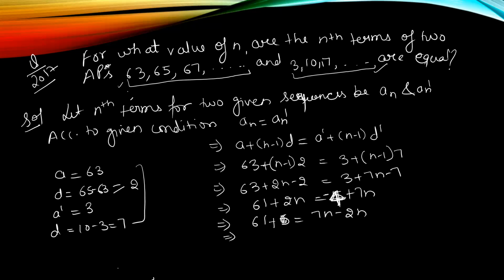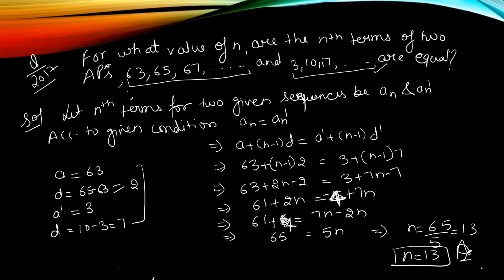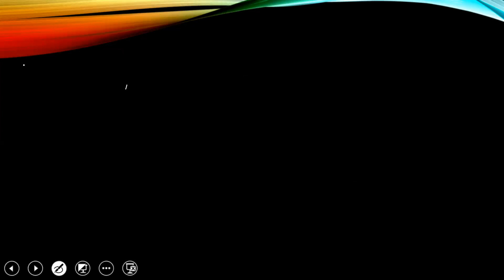This is minus 4, so this is also plus 4. So 61 plus 4 is equal to 65, and this is going to be 5n. So here your n is going to be 65 by 5, which is equal to 13. So the value of n is 13. So this is the required solution. I hope the problem is clear. Moving on to another problem.